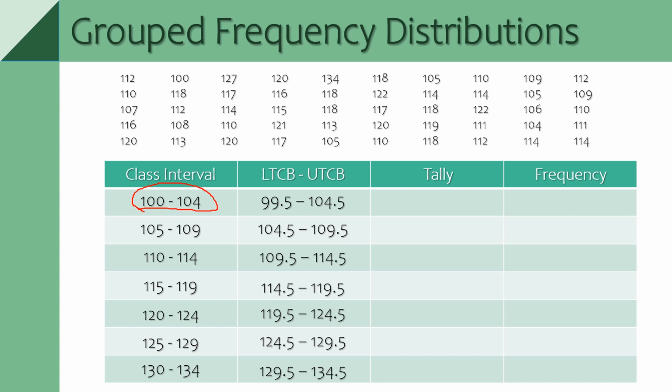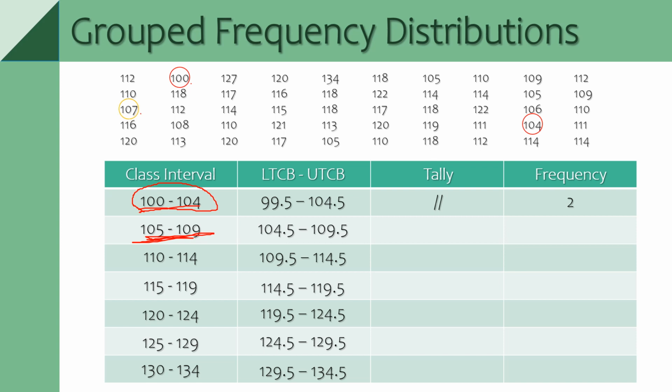So we have here 1, 2. Okay. So, yung 100 at yung 104, sila lamang yung pasok sa range. So, therefore, we have 2 here sa tally and its frequency is 2. Next, bilangin natin kung ilan ang pasok sa range na 105 to 109.